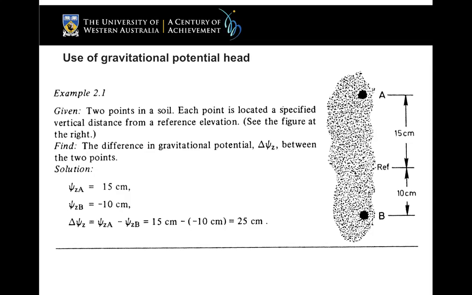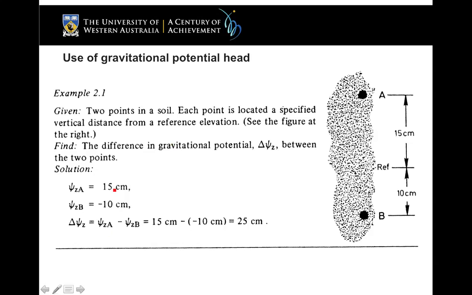So here's the first example: use of gravitational potential head in a soil. We have some sort of soil with 2 points in that soil, point A and point B, and we arbitrarily choose some reference level. Relative to that reference level, A is 15 centimetres above it, B is 10 centimetres below it. So we look at the total potential energy difference between the 2 points.